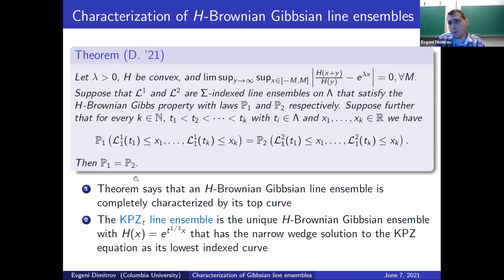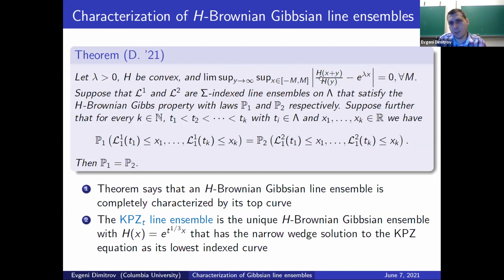Now that is true if you have a few technical assumptions on the interaction Hamiltonian H. One of them is that H needs to be a convex function. That's simple enough. The second statement here looks complicated, but what it essentially says is that you want your capital H to grow at infinity essentially like an exponential function with a fixed parameter lambda.